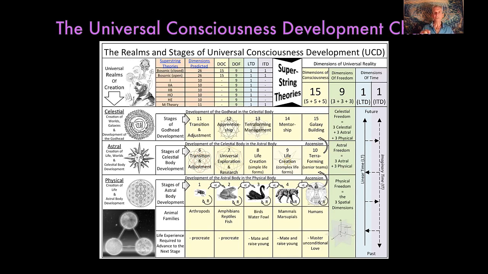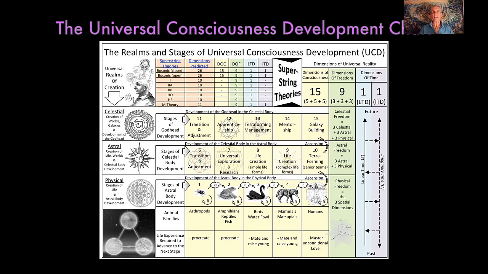So this number 26 comes from adding 15 dimensions of consciousness to 9 dimensions of freedom and 2 dimensions of time. That adds up to 26. What's significant about that? Well, it turns out that 26 is the number of dimensions predicted by 2 of the 8 string theories that make up the full body of superstring theory.